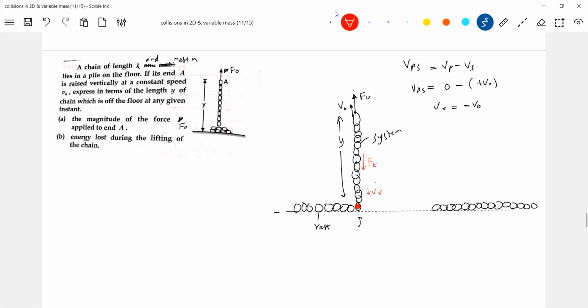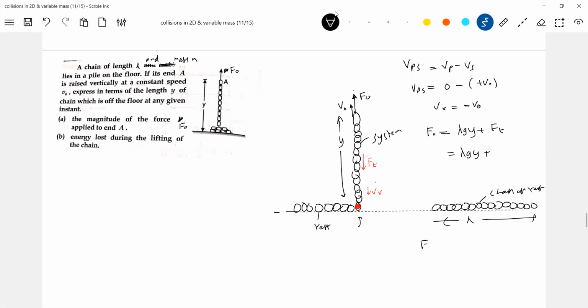Now, what is the total force I should apply? F naught equals the weight of the vertical part of the chain, lambda g y, plus the thrust force. How to calculate thrust force? What is the basic formula? There's a chain at rest on the ground.